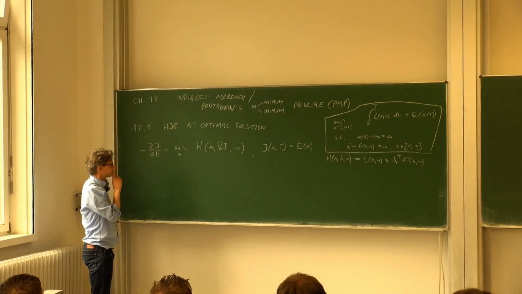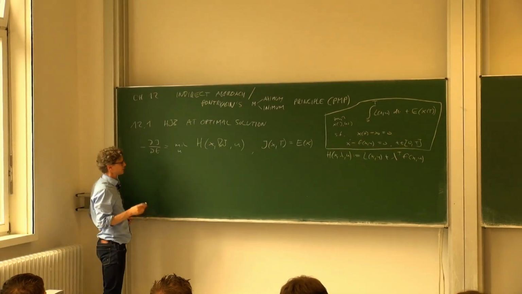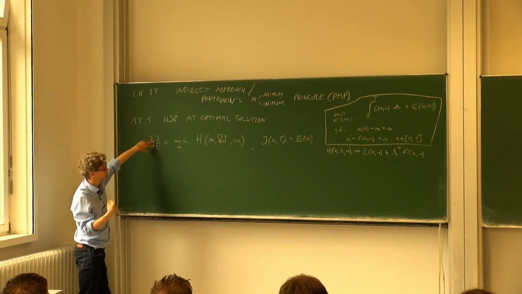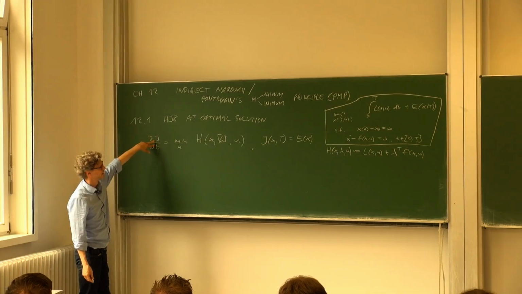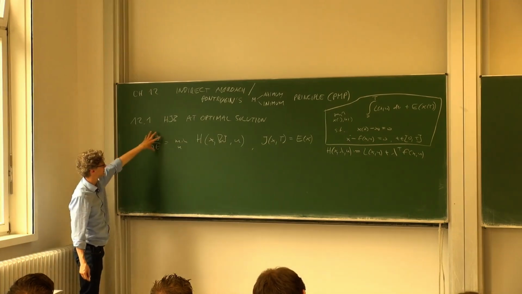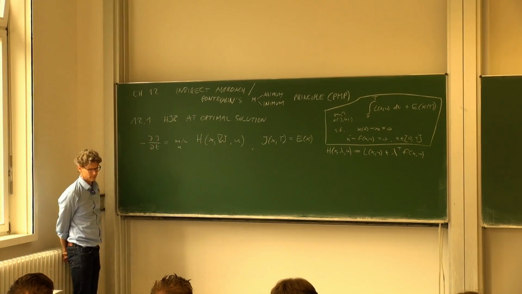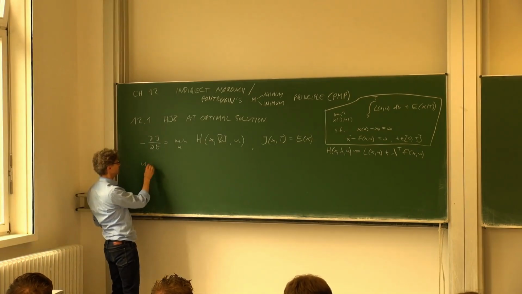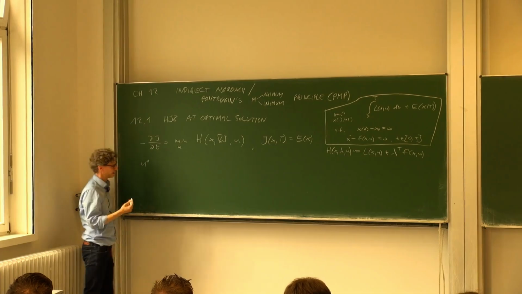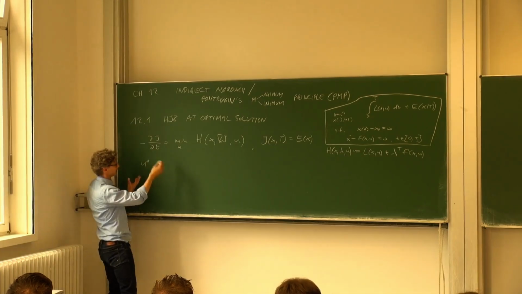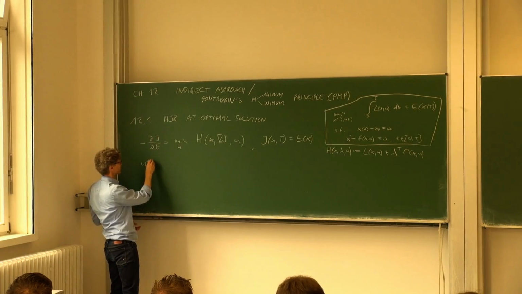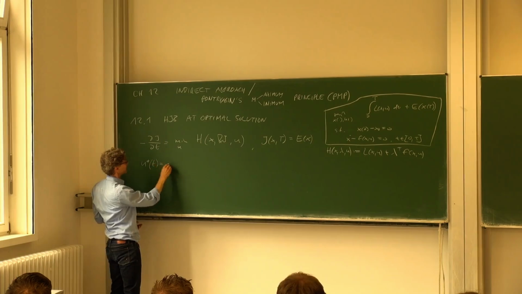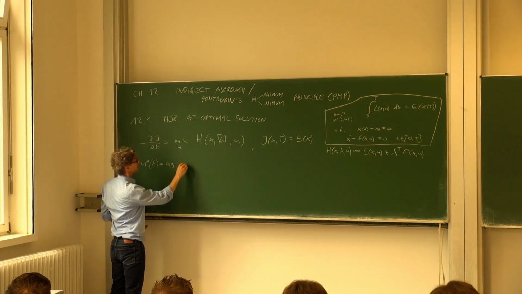And what I want to do now is look at the evolution of J along an optimal solution, and we will see that this gives us some conditions that are easier and that avoid solving a PDE. Maybe I should also recall one other thing, namely that the optimal feedback control, at the optimal solution, could be given by the argument that minimizes the Hamiltonian.